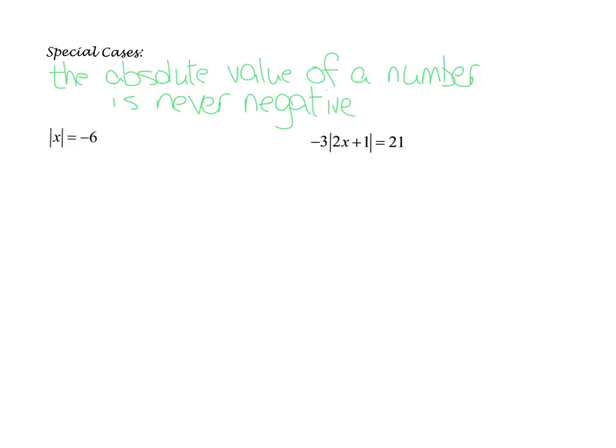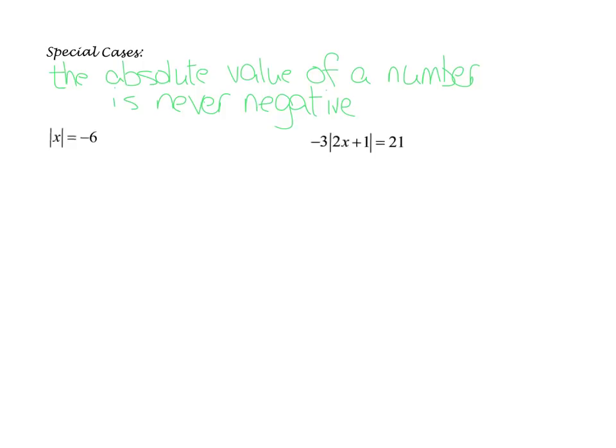Absolute value is a distance, right? It's the distance from 0. We never measure distance negatively. We measure distance in positive units. You never go negative 5 miles somewhere. Even if you're driving backwards, because I know somebody's thinking that, absolute value or distance is never negative, okay?